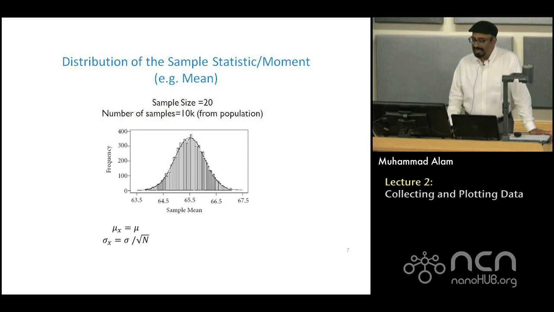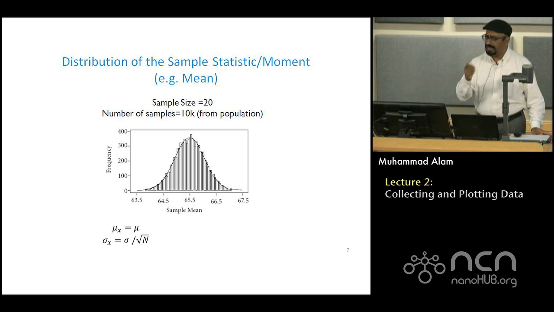So the idea is that you have 10,000 heights, and you randomly take 20 of them out of the 10,000. So you take the first one, the 19th one, the 272nd one, and you just take 20 of them. And you repeatedly keep taking 20.